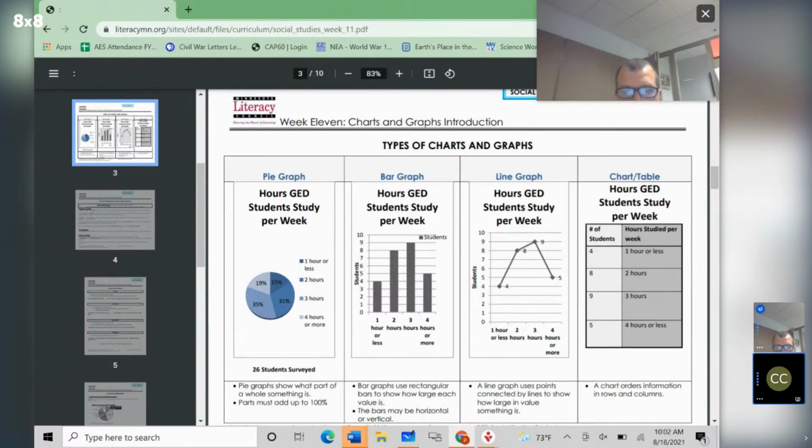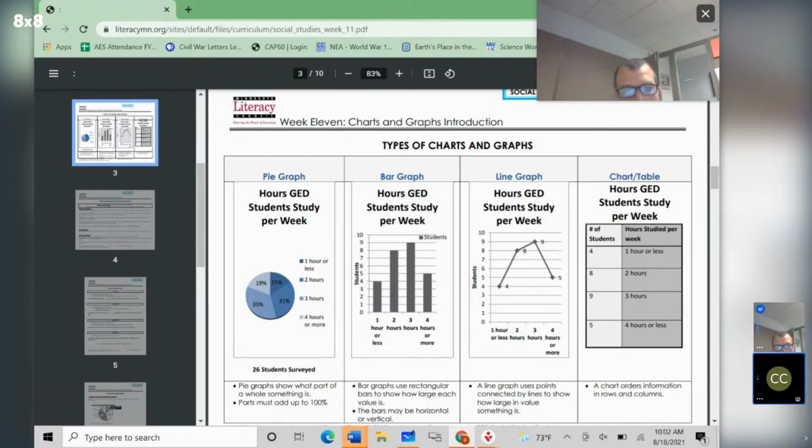So it looks like 4 students studied 1 hour or less, 8 students studied 2 hours, 9 students studied 3 hours, and 5 of the students studied 4 hours or more. And you can see right here, this is out of 26 students. Even though this equals 100%, it's only 26 students.